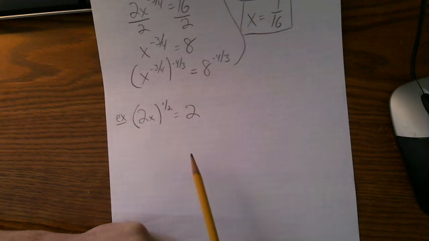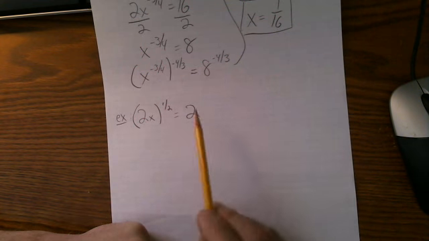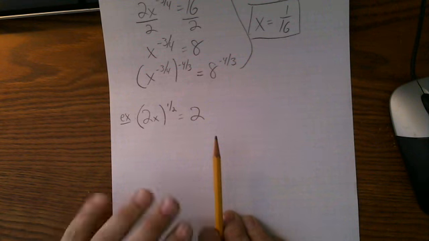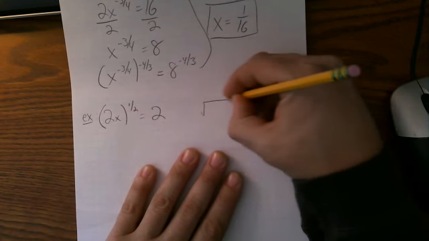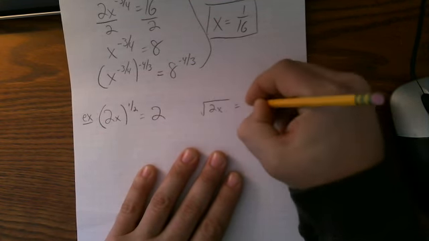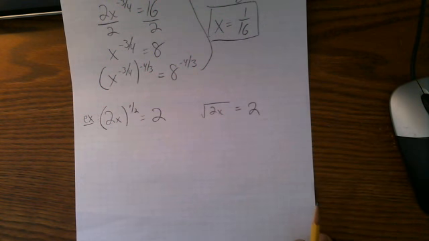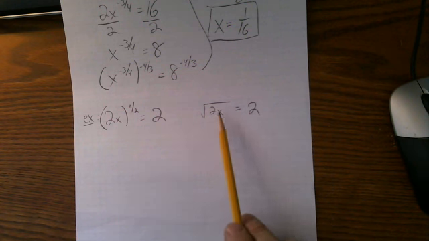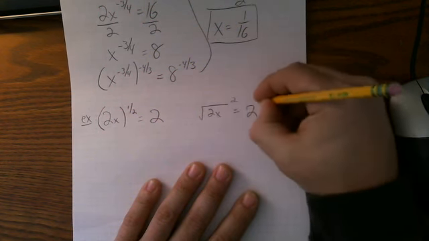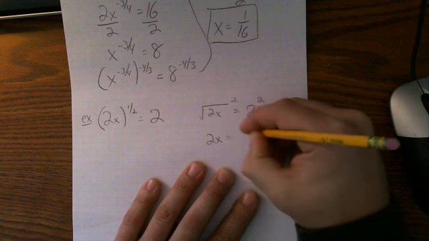So it's already isolated. So we just have to square both sides of the equal sign. Let's compare this to something that we have solved already. We've learned how to solve that equation before. This was back in October. Isolate the radical, square both sides, and solve.